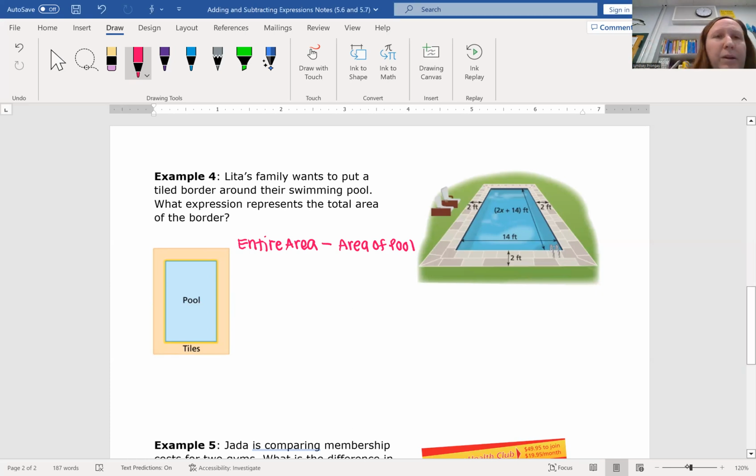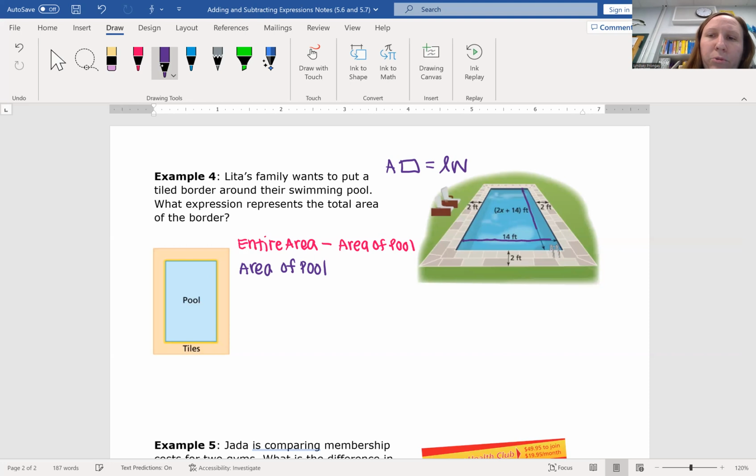So let's start by writing some expressions here. I'm going to start with the area of the pool because that is easier. The pool is a rectangle, and the area of a rectangle is length times width. Looking at my diagram, the width of my pool is 14, and the length of the pool is 2x plus 14.